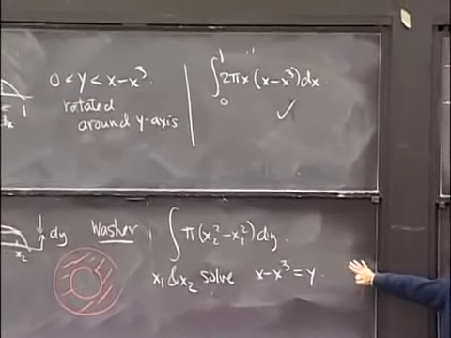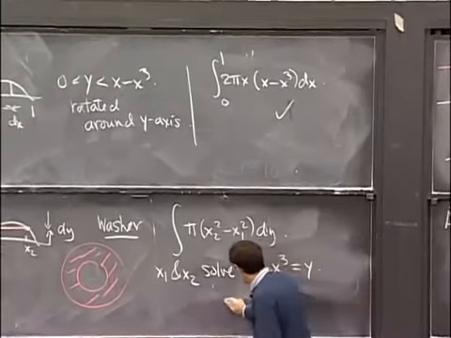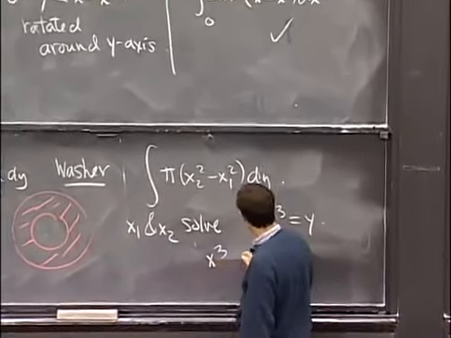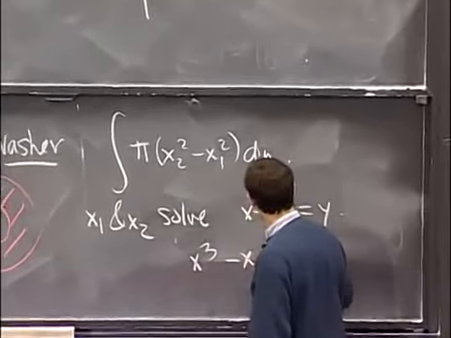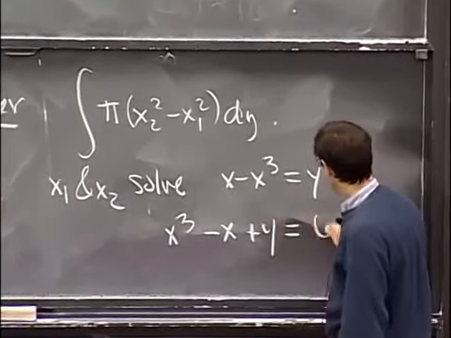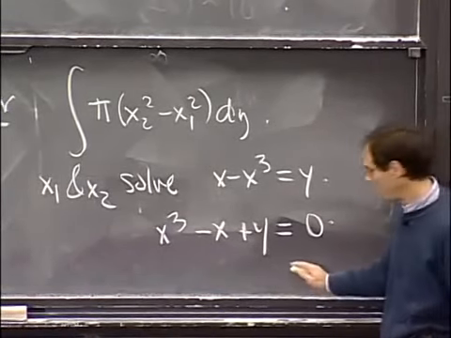All right? Now, look at this equation. That's the equation x cubed minus x plus y, I guess. Let's see. Yeah, that's right. Is equal to 0. This is a cubic equation.